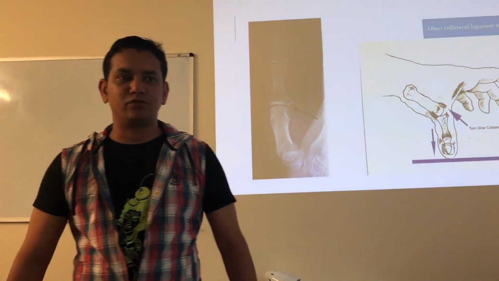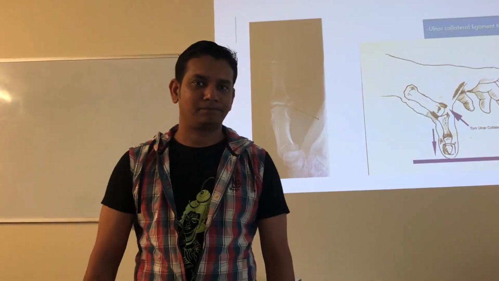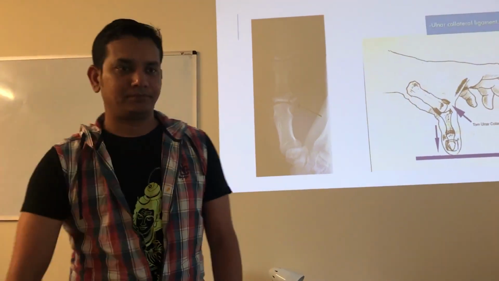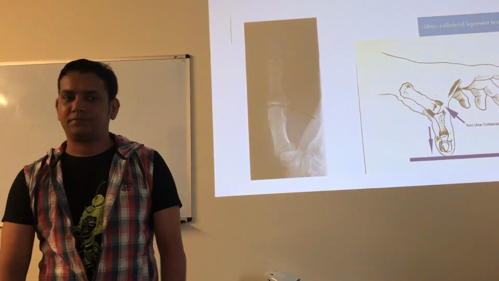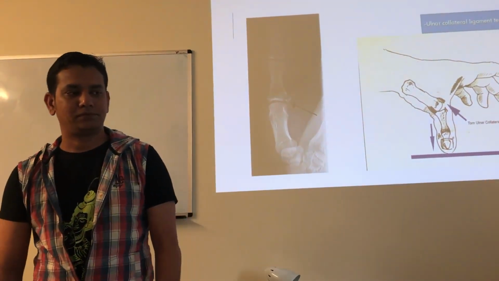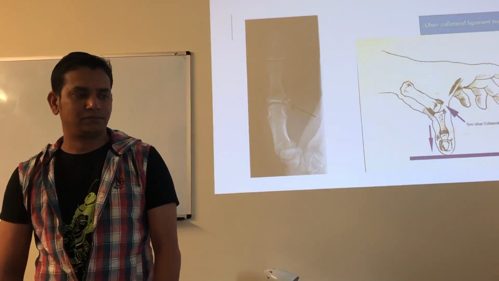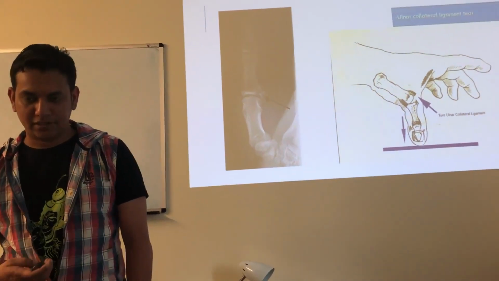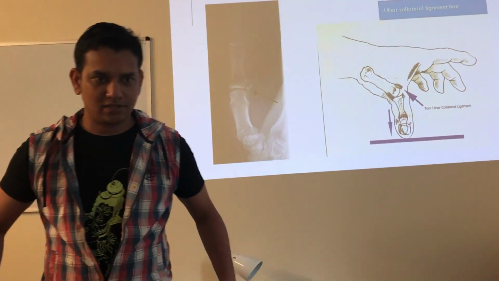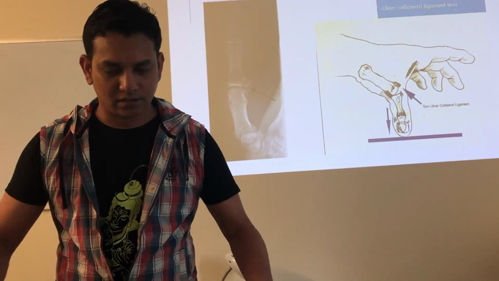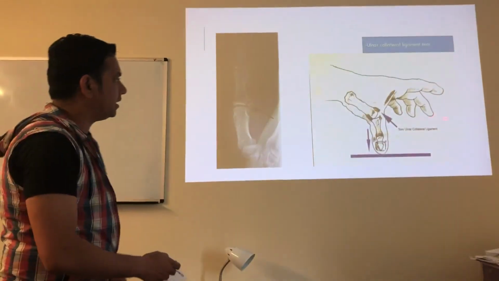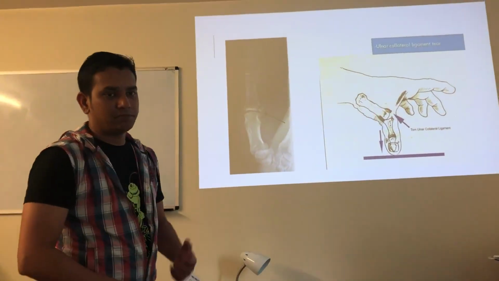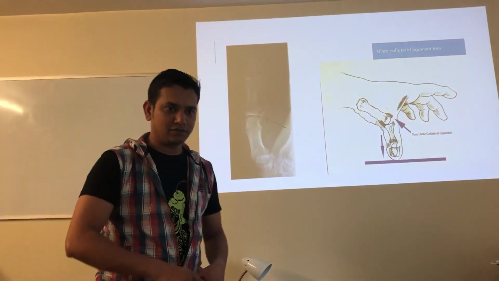Playing what kind of sports will cause you this injury? Ball catching sports. Rugby. No. Football. When the ski gets stuck in the ice, thumb moves back, and skiing injury or gamekeeper's thumb, we call it.